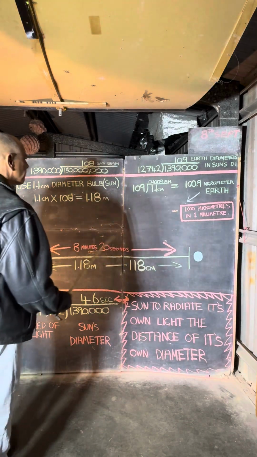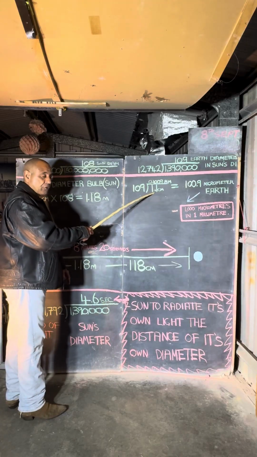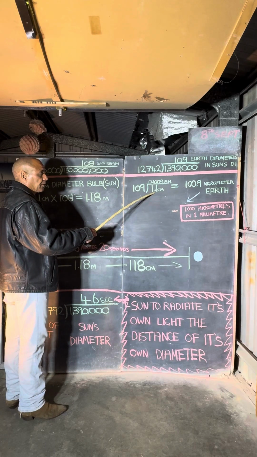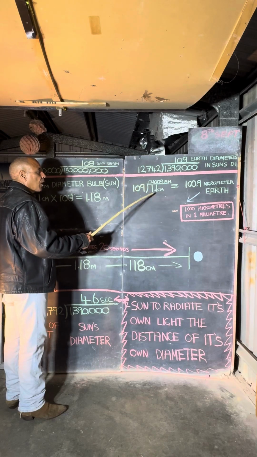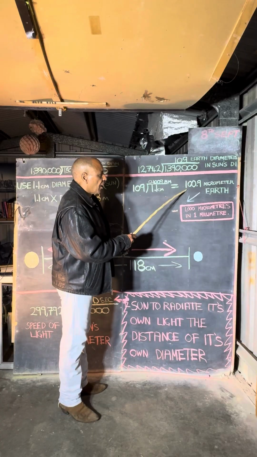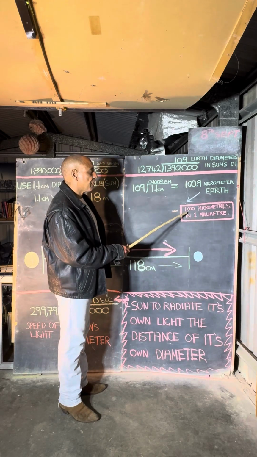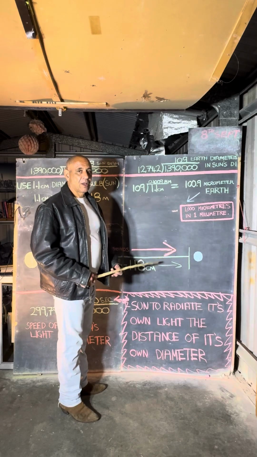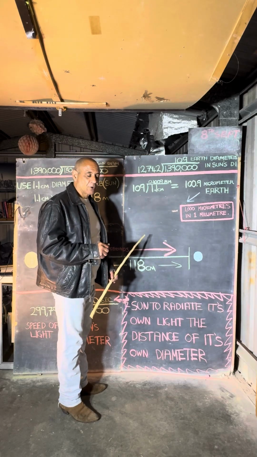So, if we divide that sun's diameter, which in this scenario is 1.1 centimeters, by 109, we get 0.1009 millimeters. It's basically 100 micrometers, a tenth of a millimeter, just over a tenth of a millimeter, right?